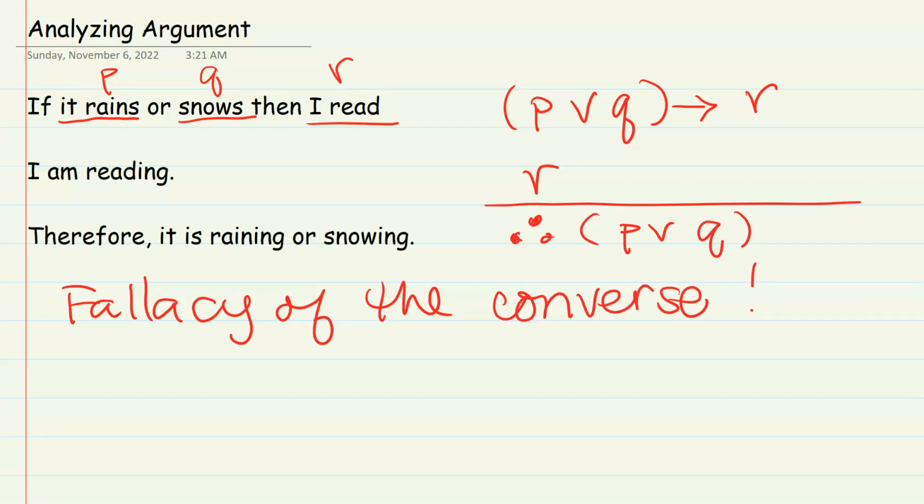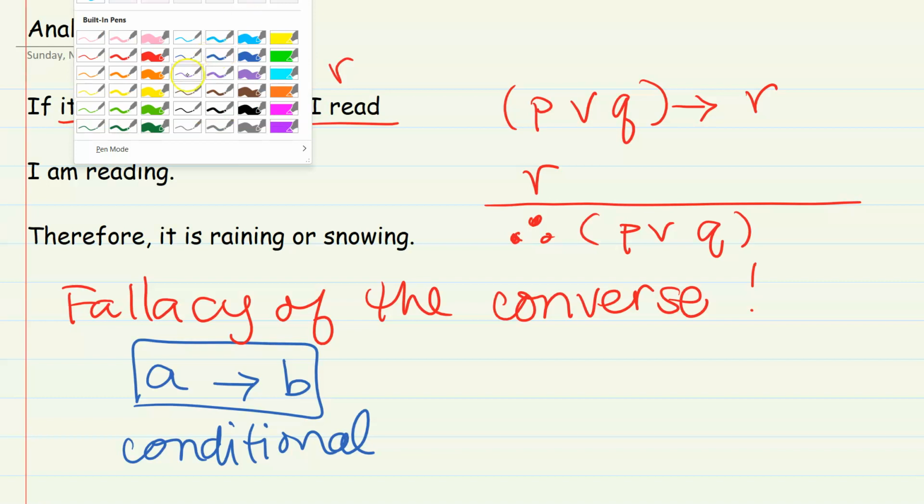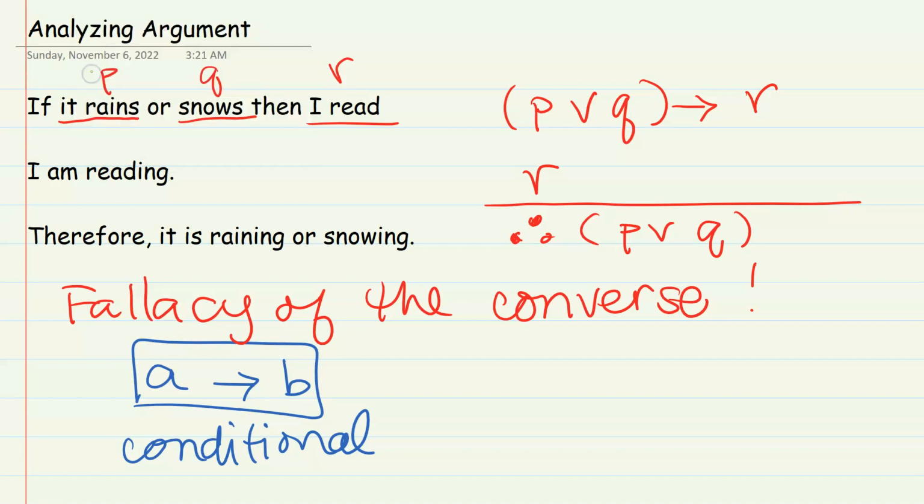If the original conditional statement is, I'm going to use some other letters instead of P and Q here, if A implies B is the conditional statement, then the converse would be when you switch the order.